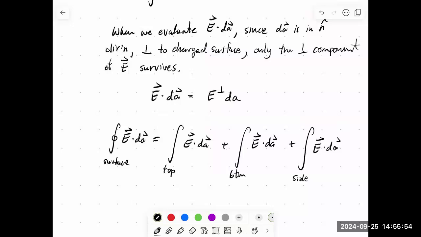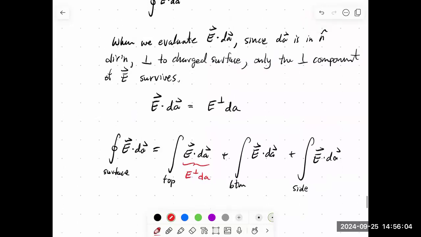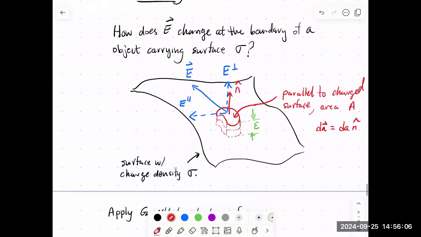All right, so we've already said that for the top, this is just going to be E perpendicular dA. What about the bottom? What would we get for the bottom? Yeah, that's right. If this electric field is going in this direction, and this thing really is infinitesimally thin, then the electric field at the top and bottom is the same.